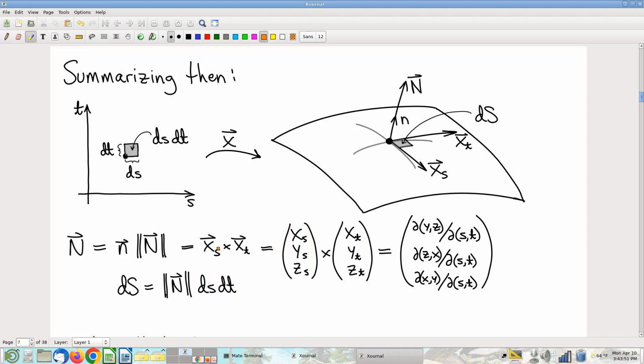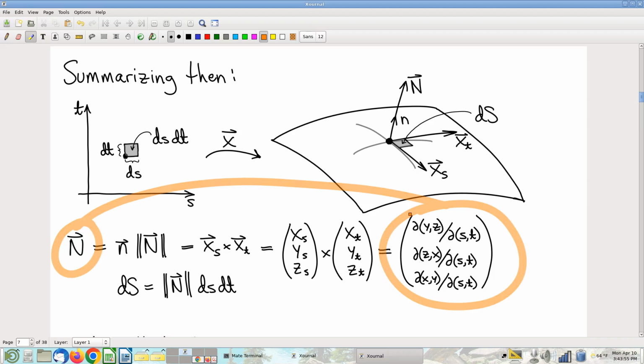And what's interesting is it turns out that this capital N vector has coordinates which are area stretching factors for a 2x2 change of variables. That's very unexpected. Where's the 2x2 change of variables in this picture? I don't see immediately any 2x2 change of variables. And yet, look, these coordinates are exactly 2x2 Jacobian determinants.